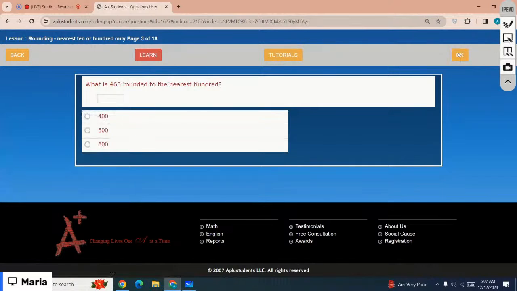If any one of you needs help with the questions, please write in the chat box, alright? I will explain in detail, because most of you know the answer. Okay, what is 463 rounded to the nearest 100? Which is the correct option?